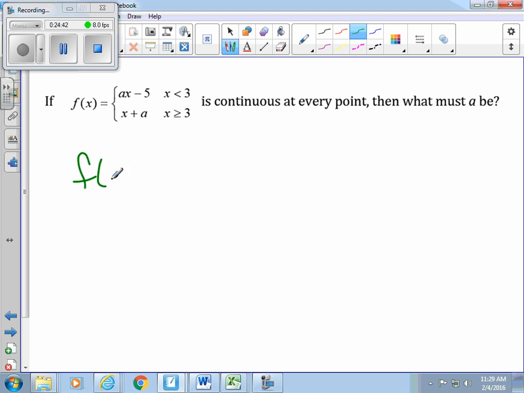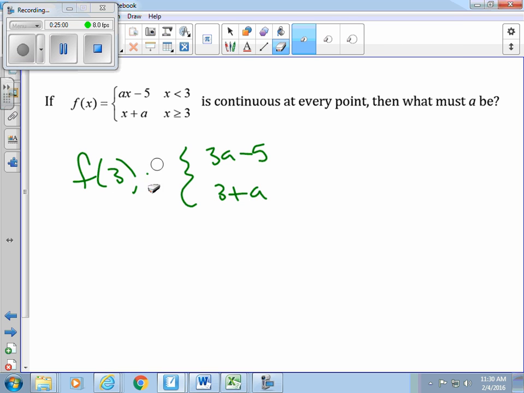Okay. So f of 3, right, is 3a minus 5, 3 plus a. Really f of 3 is just 3 plus a, but we'll go with it. To make this continuous, those two things need to be equal.